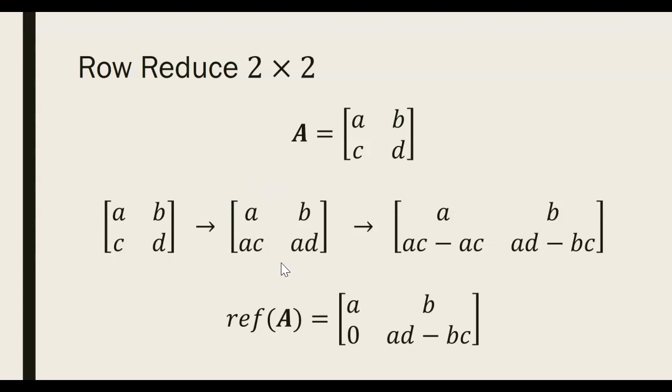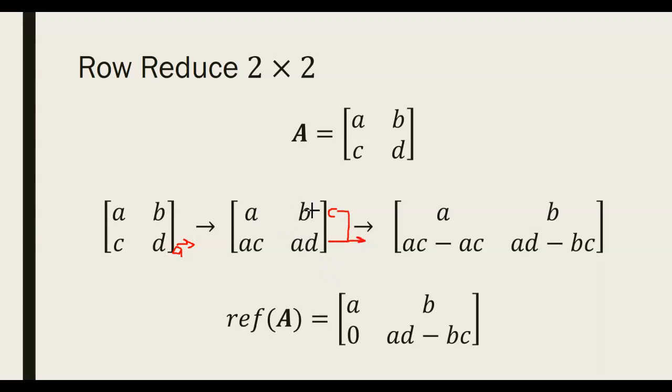Now, how do we get rid of this AC here? Well, we multiply the top row by C. Maybe I should write down this. So what I'm going to do is multiply this by the letter A, multiply this one by C. So multiply that top row by C, add it to the bottom row, and then replace the bottom row.